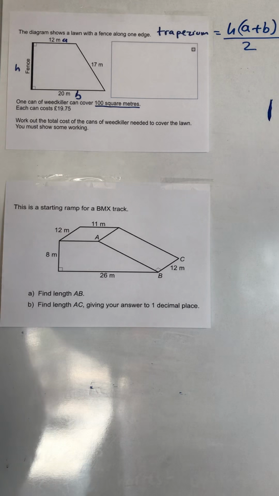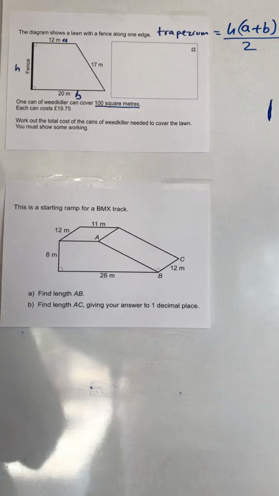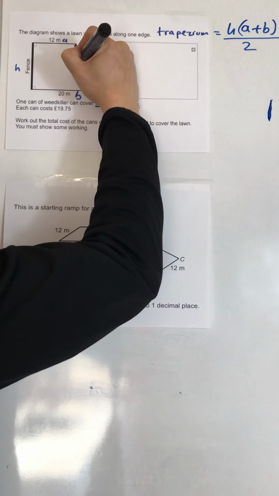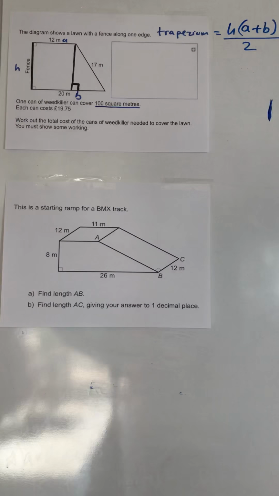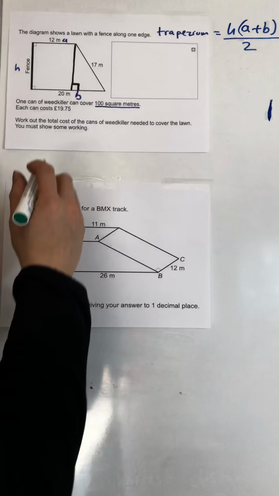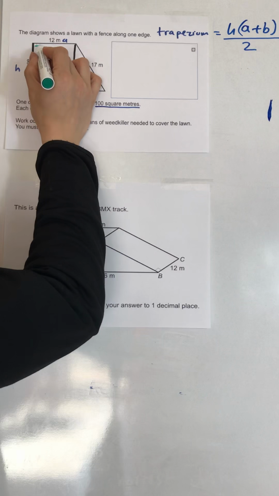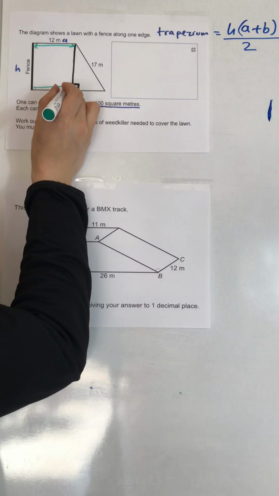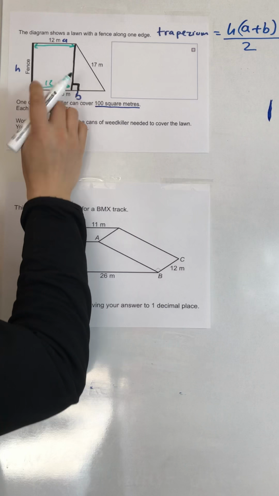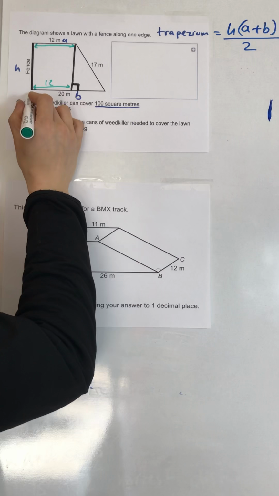Now we can find H by using our Pythagoras skills and making a right angle triangle right here. Now, because you can see from here to here is 12, that means here to here is 12, and this whole length is 20.